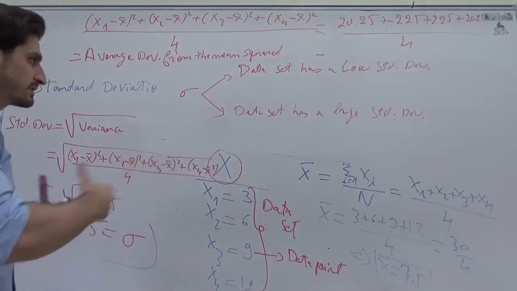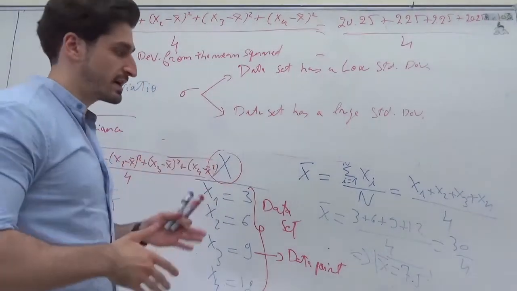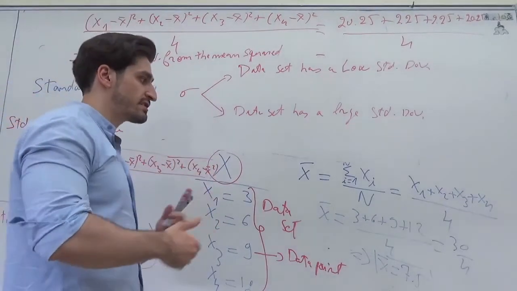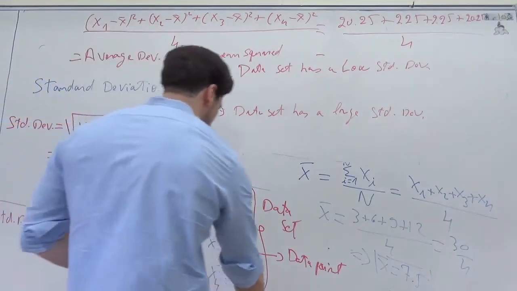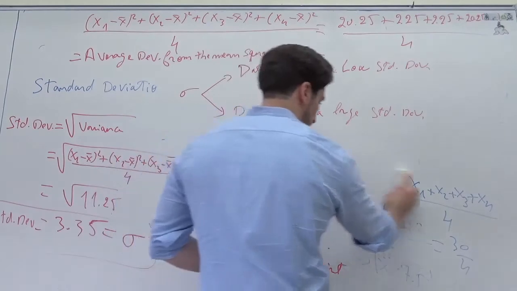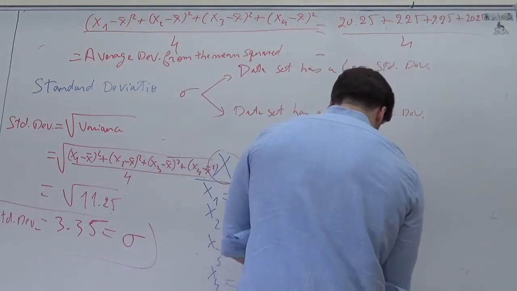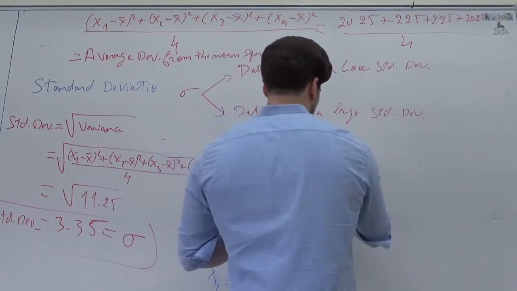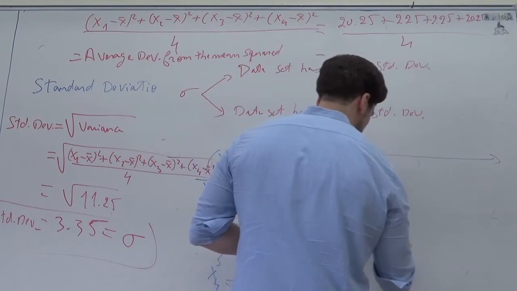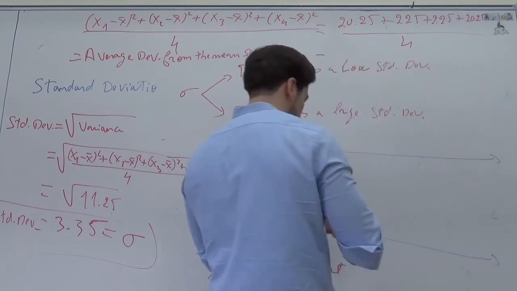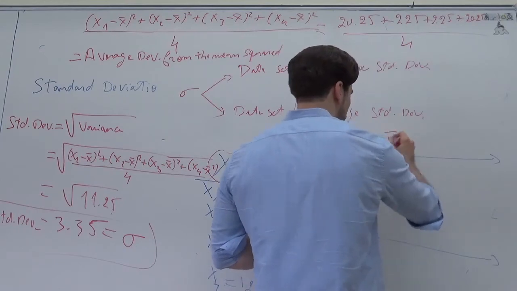In order to understand the difference, we are going to consider two horizontal axes, and on these axes we are going to be arranging some arbitrary points around the mean. Let's consider that first horizontal axis, and over here the second horizontal axis. In the middle of each axis, we are going to consider the average value x bar.